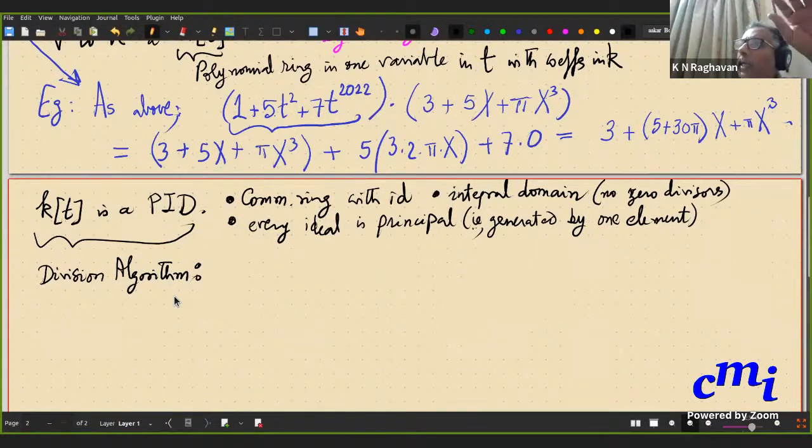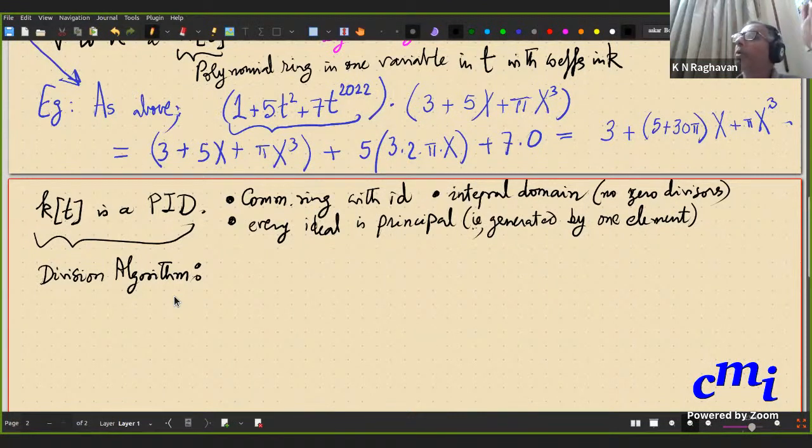So if I take the polynomial ring in 2 variables, for example K[t, u], where t and u are 2 variables, that will not be a PID, because the ideal generated by t and u, both of them, you cannot generate by a single element.